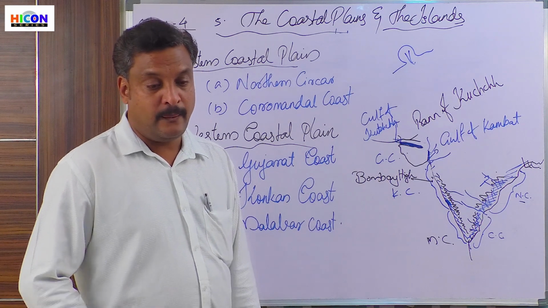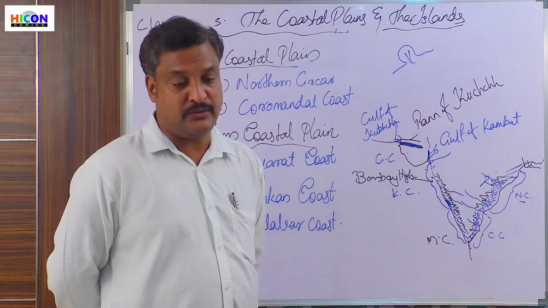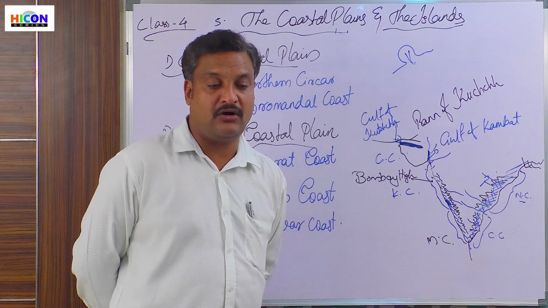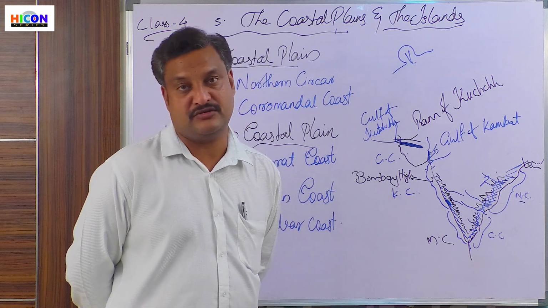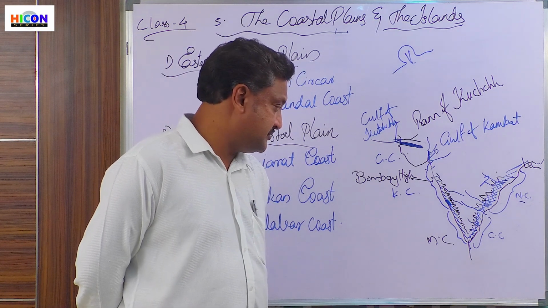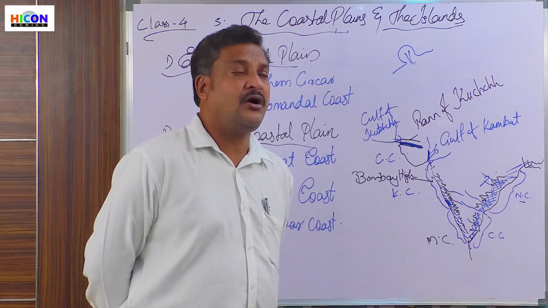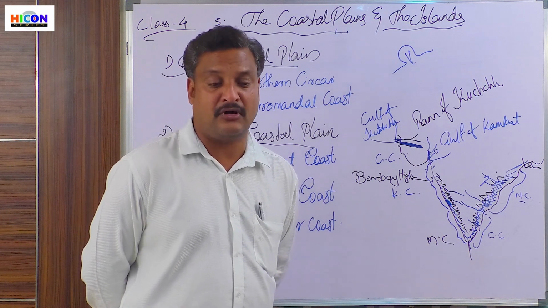And the major crops that are cultivated in this region include rice, tobacco, coffee, coconut, banana, groundnuts, sugarcane, etc. Right? So the major states that fall under this region are Karnataka and Kerala. Coconut is one of the most important cultivations in Kerala, and it is known as the land of coconuts.